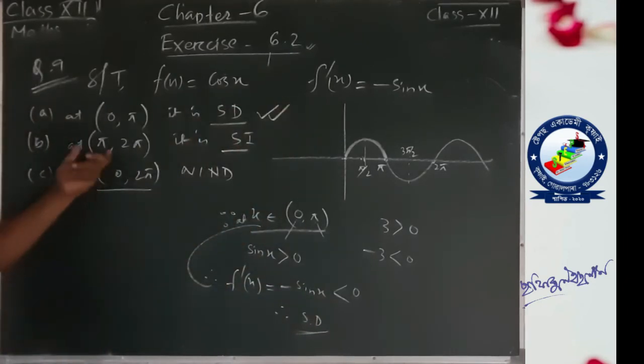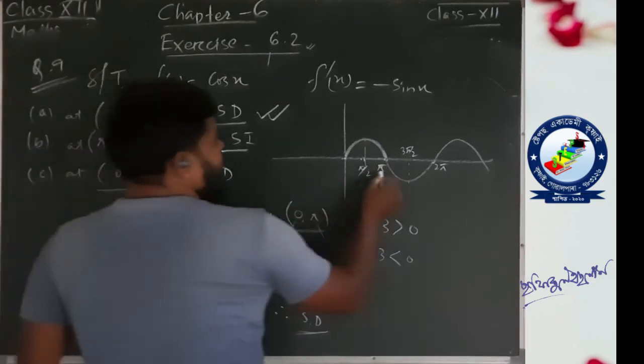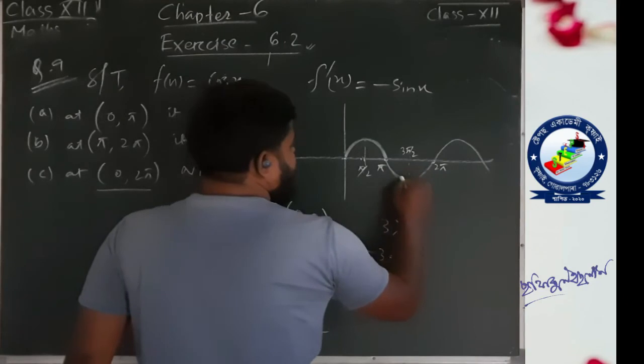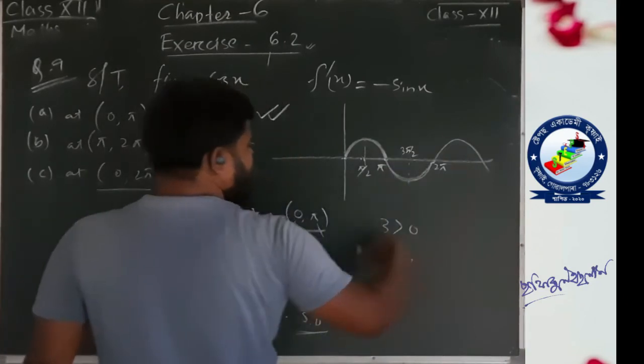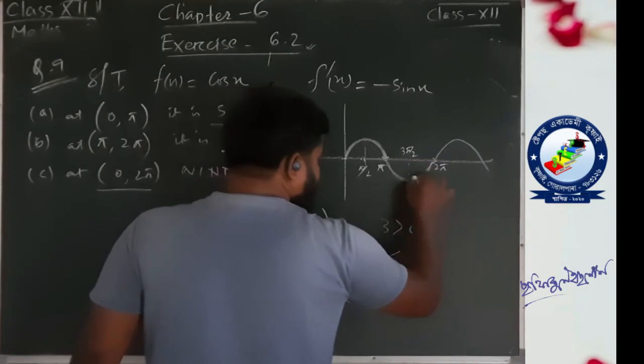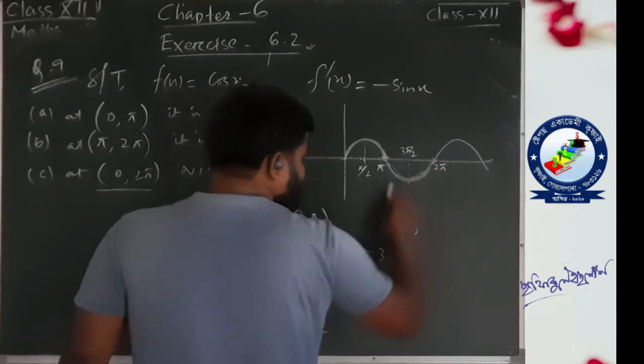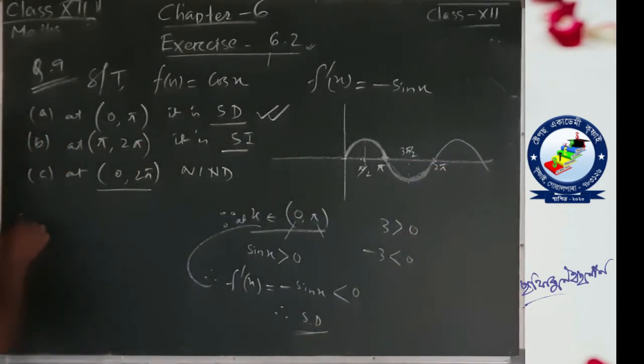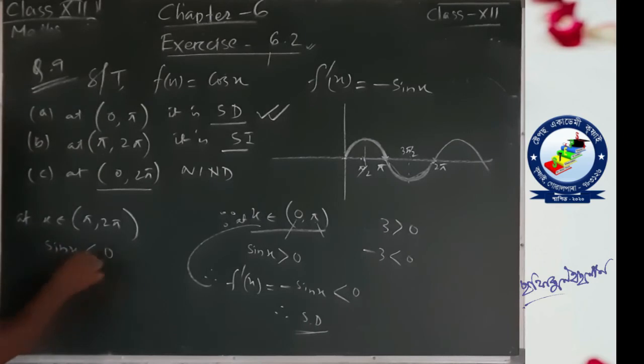Now, in this interval, pi to twice pi, this is below the x-axis, that means less than 0, because at these two points it is 0, but this particular area is less than 0. That means for x belongs to pi comma twice pi, sin x is what? Less than 0.